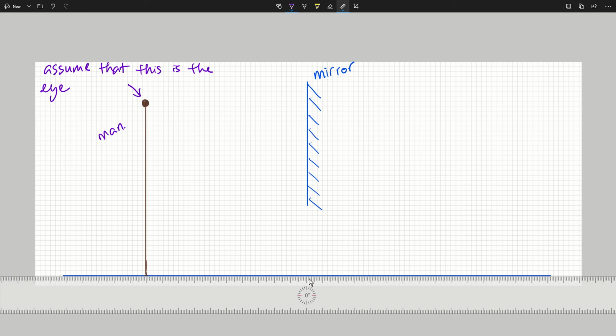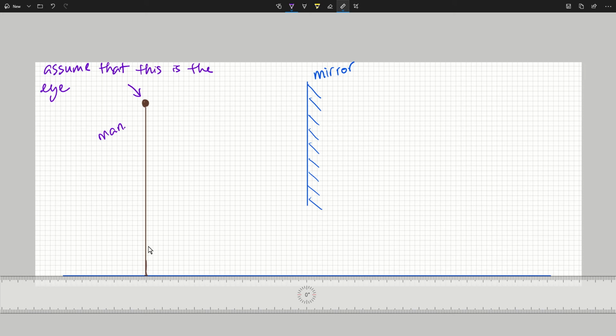So in this illustration, what I have is a digital ruler, but it doesn't have any scale on it. I'm just going to count the intervals, the long intervals, to mark out the position of the image of the man.